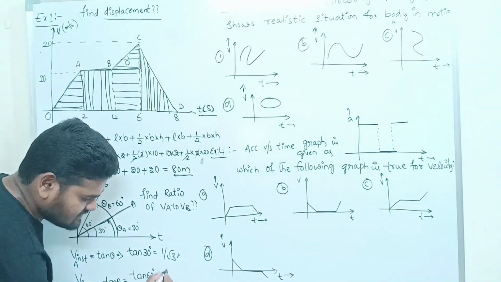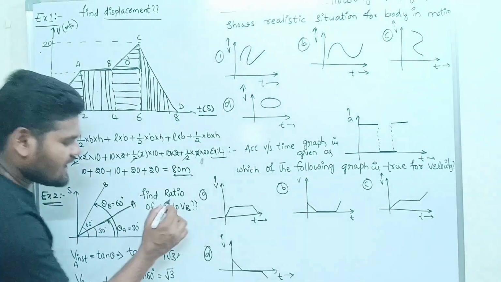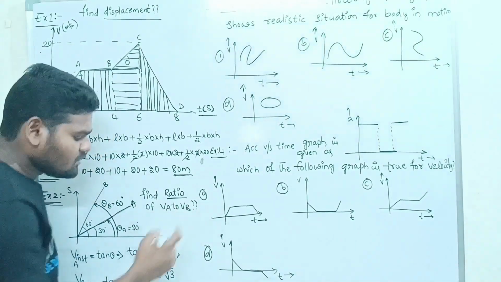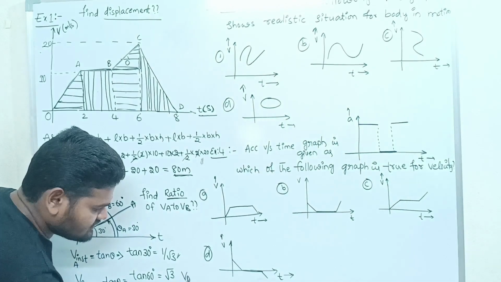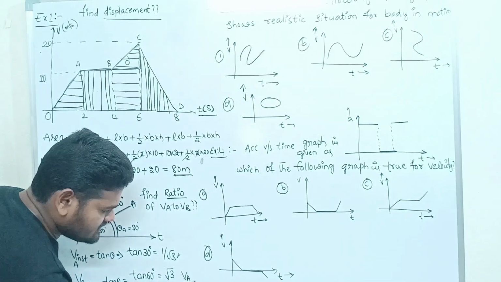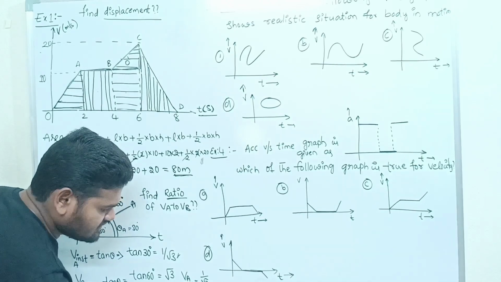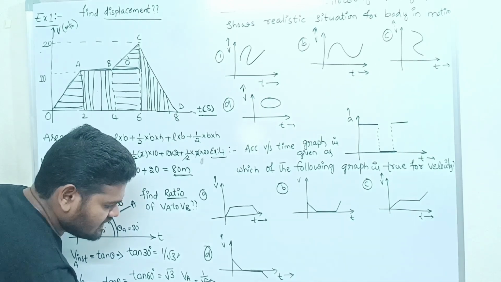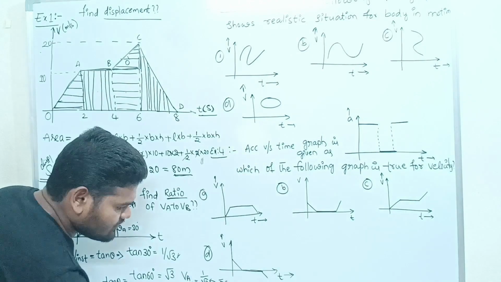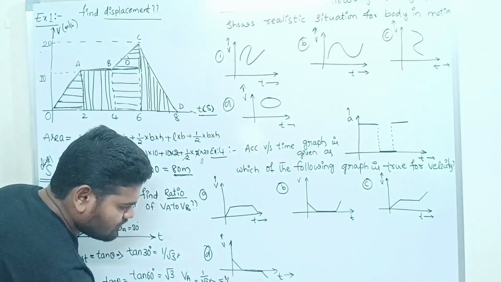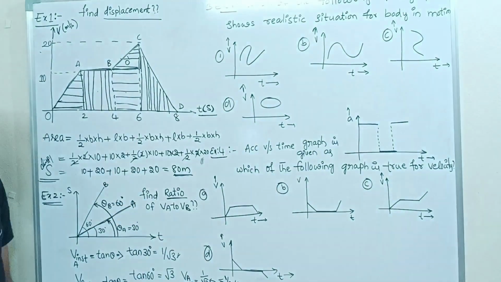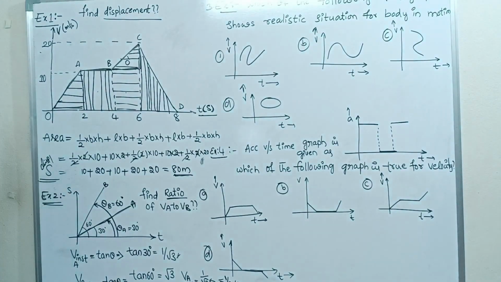What is the value of tan 60? Root 3. What are they asking? Ratio of VA to VB. Just do it like this. VA by VB, which is equal to VA value, how much? 1 by root 3. VB value is how much? Root 3. So if root 3 comes to the numerator, it becomes root 3 into root 3, 1 by 3. So what is our answer? 1 by 3 is our answer.